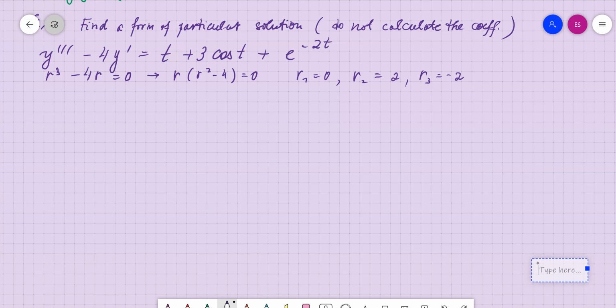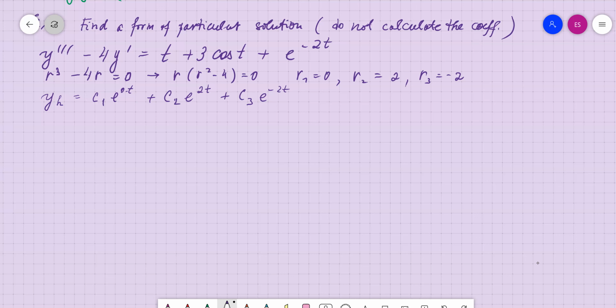Okay. So what do we have? Our homogeneous solution y is going to be what? Well, what is r equals 0? It's c1 e to the power of 0t, right? 0 multiplied by t, and then plus c2 e to the power of 2t and plus c3 e to the power of negative 2t.